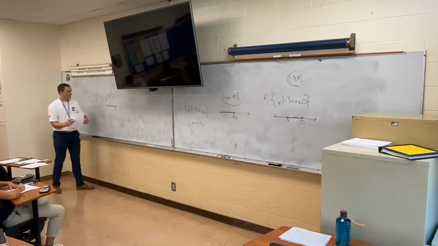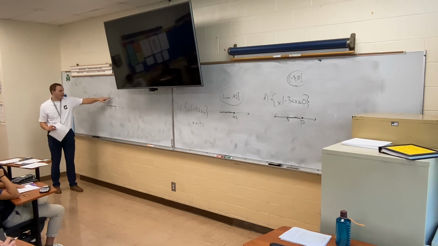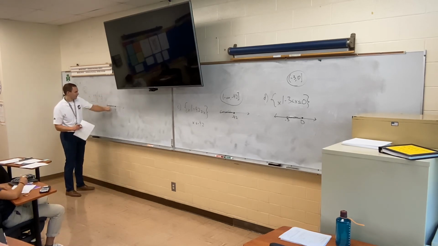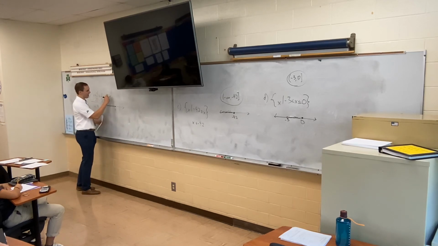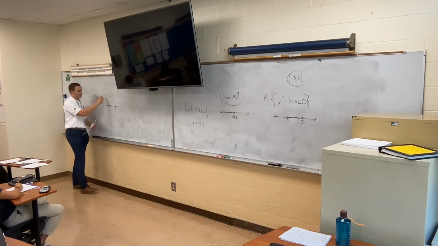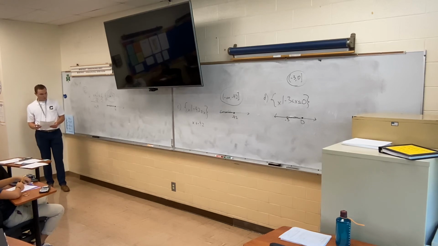Alright, so we just need to flip this around, so it goes to negative infinity. So we write negative infinity to 4, and this gets a square bracket, this gets a parenthesis. Just make sure we put them in the right order. Do we have to circle that? Yeah, I would.